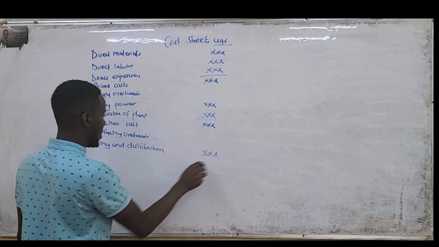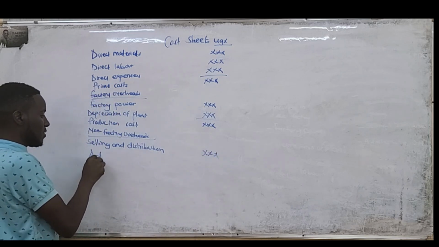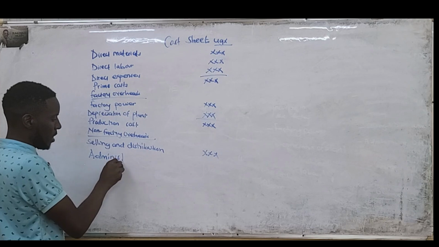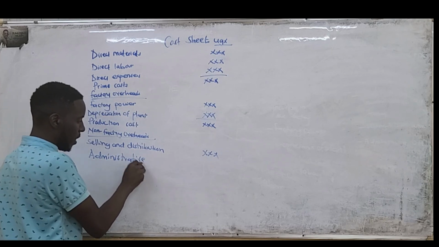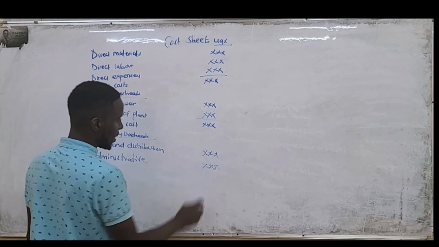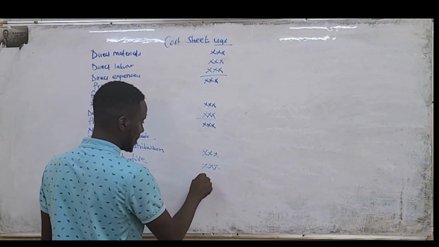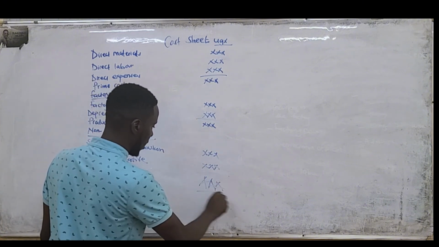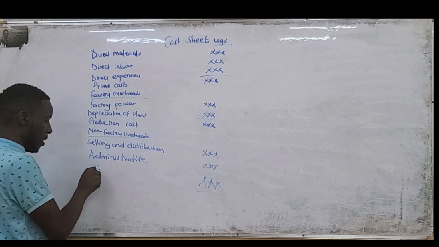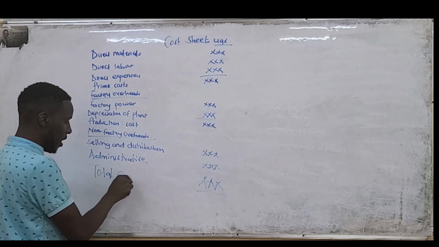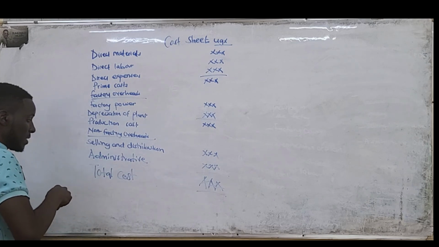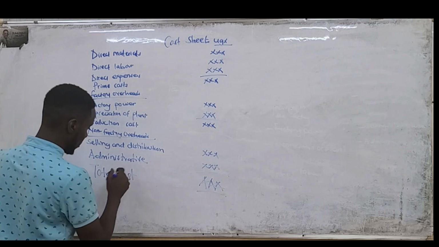You bring it here, and you can have the administrative overheads. You also bring them here. Then the total that we shall get will be what we call the total cost. So that will become our total cost.